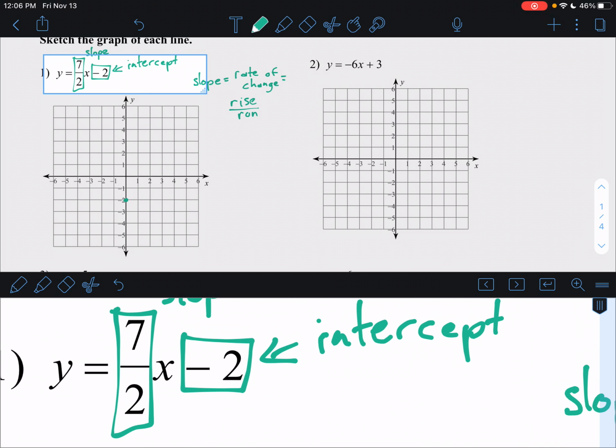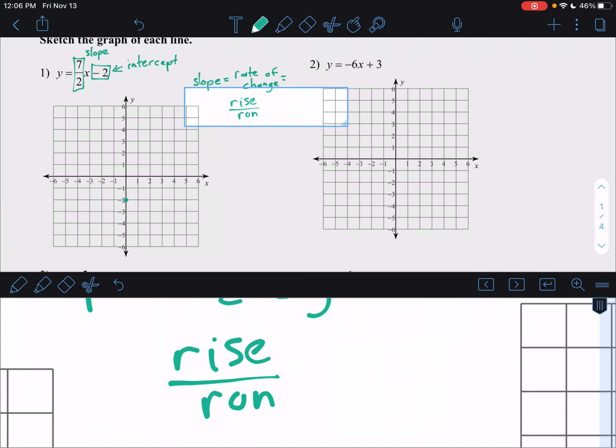So if my slope is 7/2, then the rise is 7 and the run is 2.